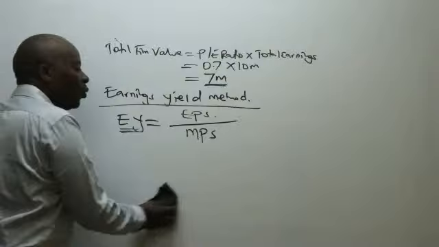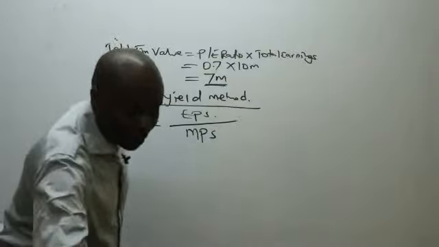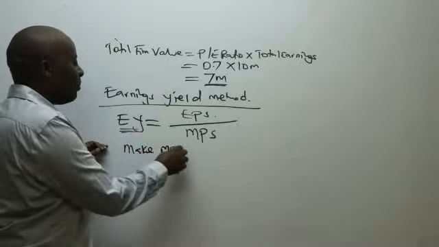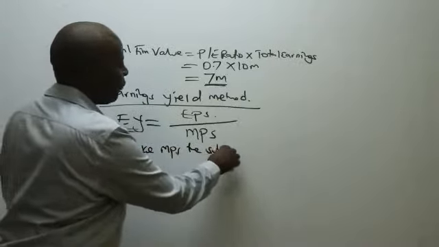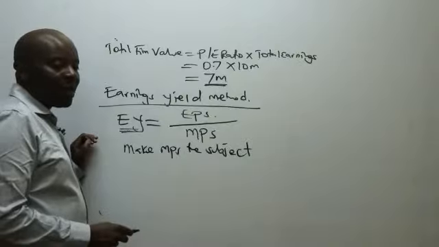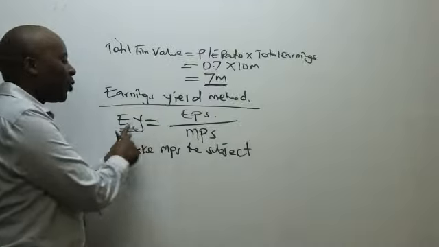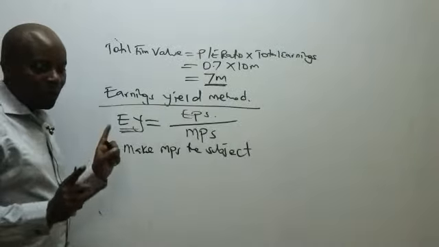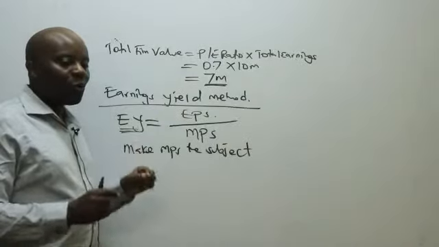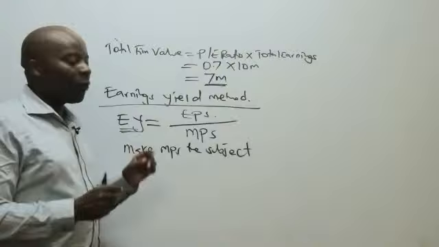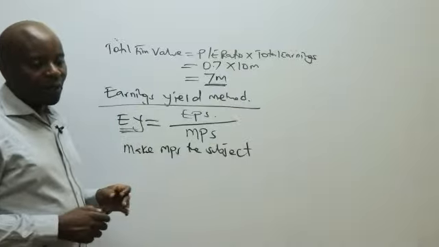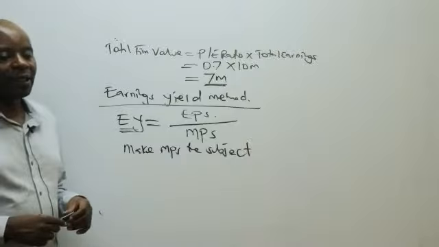And because they would want us to use this earnings yield method to get firm value, please go ahead and make MPS the subject of the formula. If I cross multiply, I would want to hear what you're getting there as the MPS.